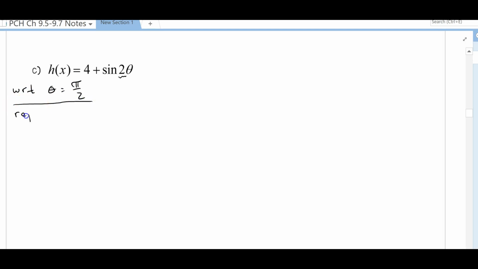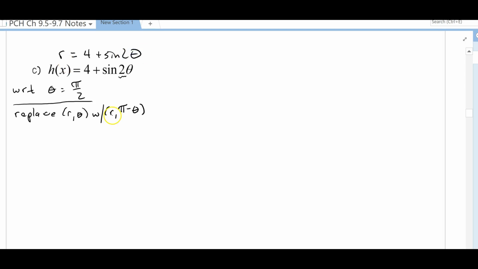So we're going to replace r comma theta with r comma pi minus theta. Okay, so we can rewrite this as r is equal to 4 plus sine 2 theta.